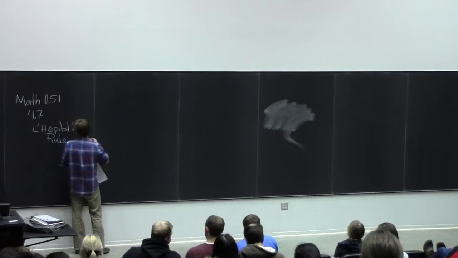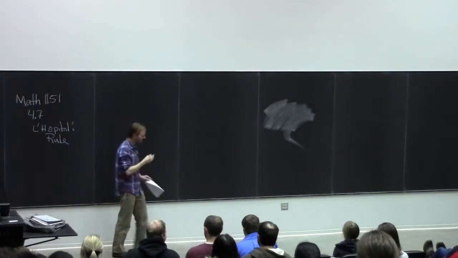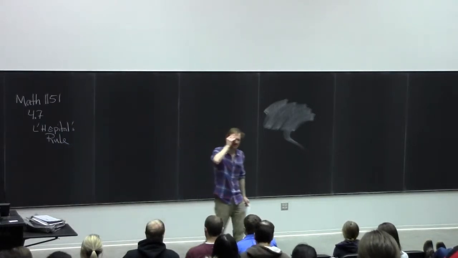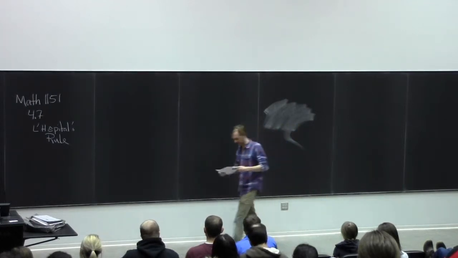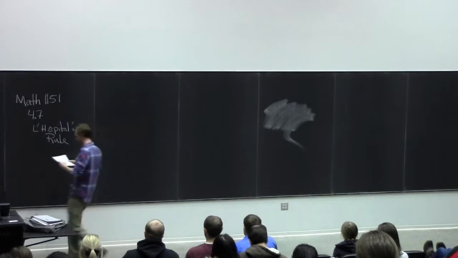All right, so what is this L'Hopital's rule? Well, remember limits, right? We did limits at the very beginning, and they were kind of complicated, right? Well, here's the deal.